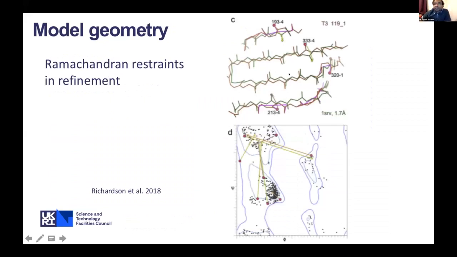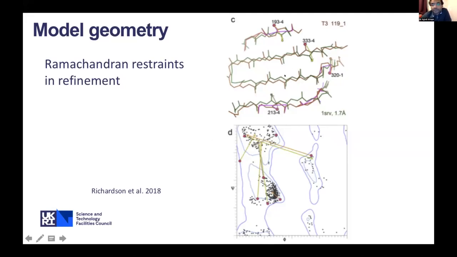Again, Oleg gave a nice talk, the previous talk, about Ramachandran Z-score. So just looking at the number of Ramachandran outliers is not quite useful in some cases. So here is an example where you can be in the favored or the allowed Ramachandran space, but still you can move around and distort the hydrogen bonding network in the secondary structure.